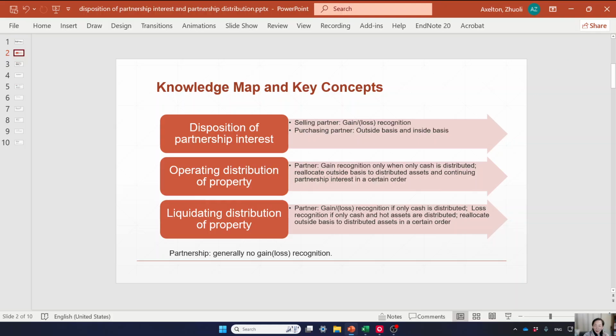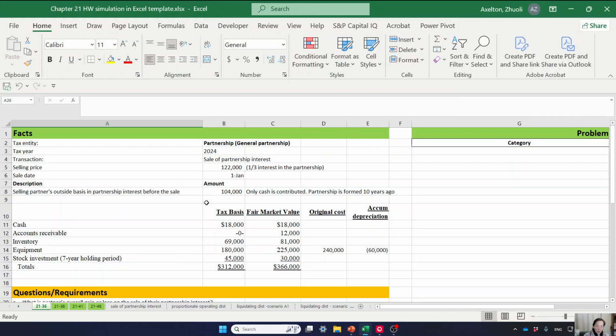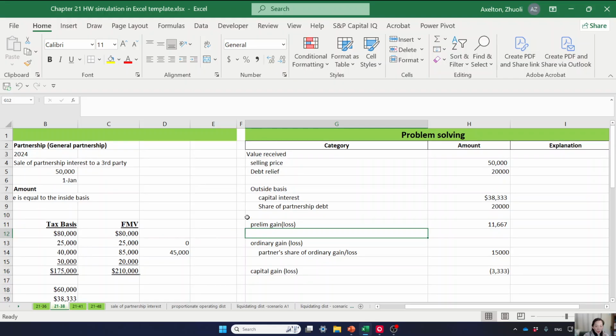Okay, now I'm going to bring you quickly over to the chapter 21 homework simulation Excel template. I have 4 calculation problems listed here, and this is all from your Connect homework. Problem 36 is a sale of a partnership interest, and 38 is a sale of a partnership interest as well.